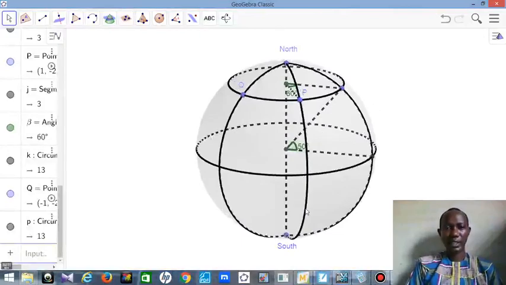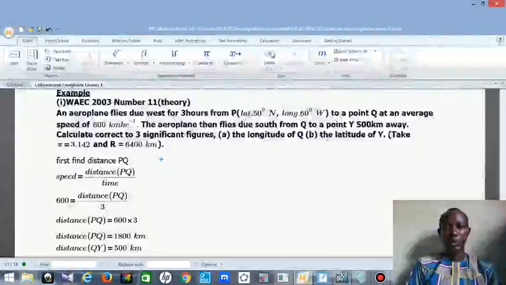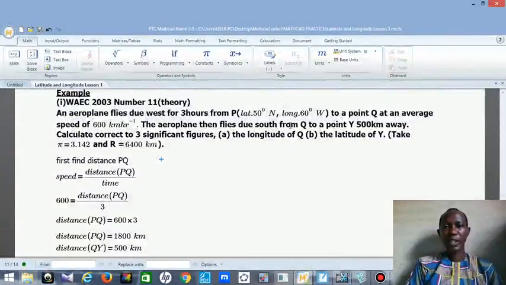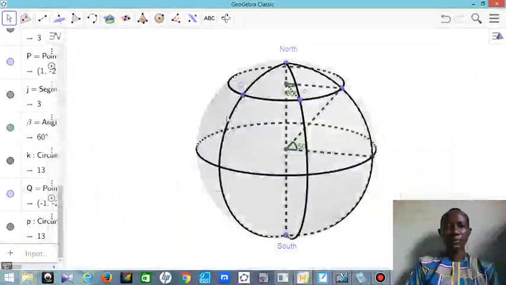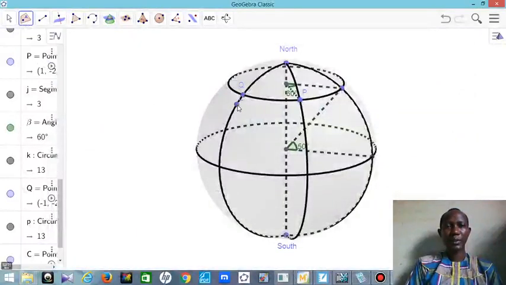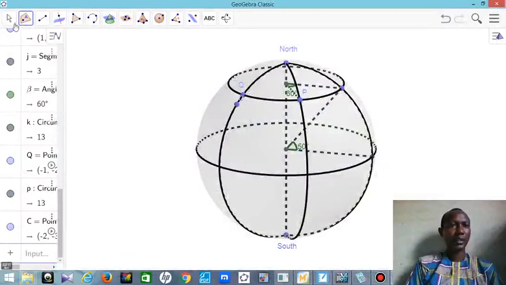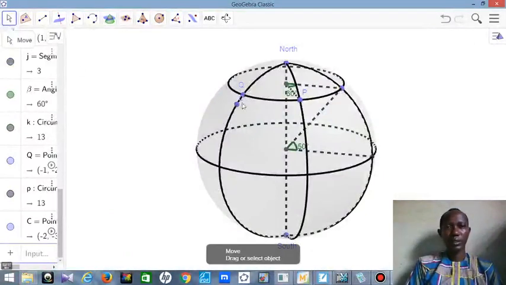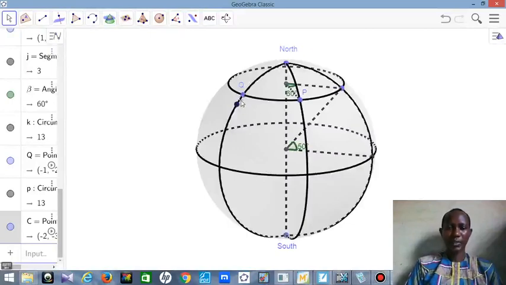Then what next? The question says that from point Q, the plane then flies due south to another point called point Y. Let me rename this.